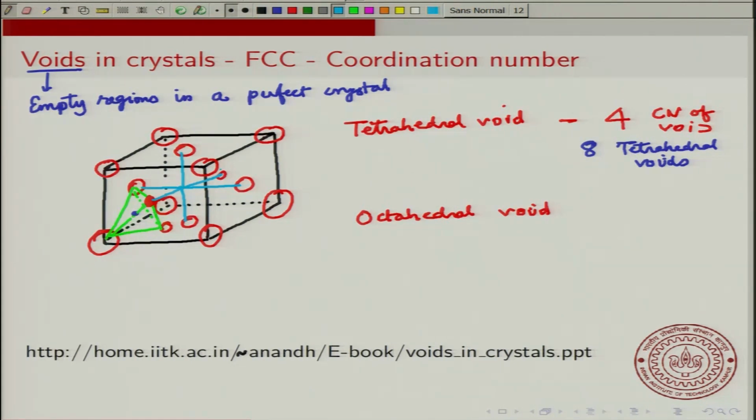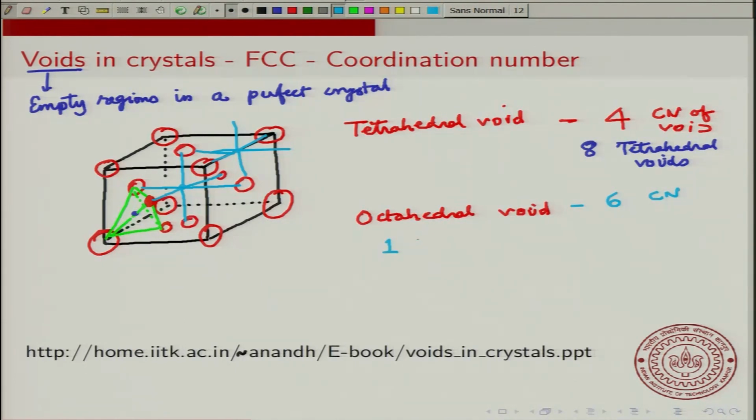So for the octahedral void, 6 is the coordination number. You can locate one at the center of the cube, and you can also locate octahedral voids at these edge centers. This would also be an octahedral void, because it would be coordinated to 6 atoms. So now there is one at the center of the cube.